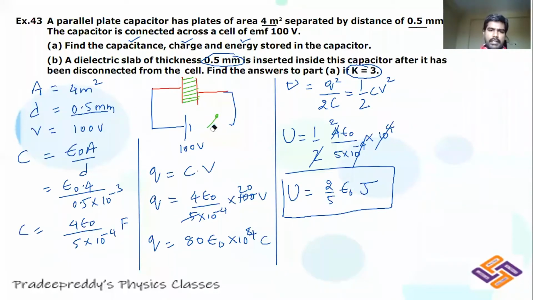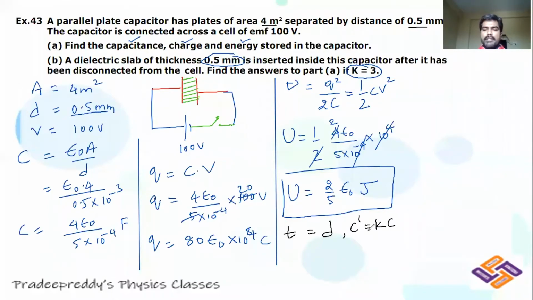You are disconnecting the battery and you are inserting the dielectric slab in between the plates. So thickness of the dielectric slab is equal to D. Therefore new capacity C dash will be equal to K times C.